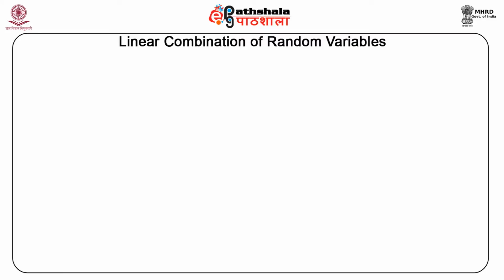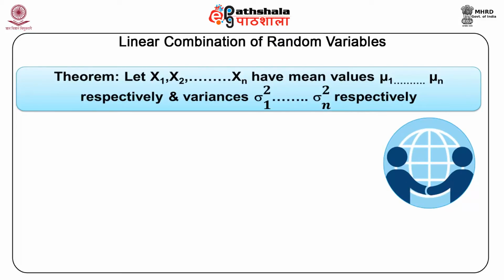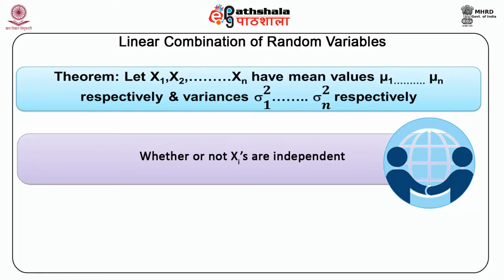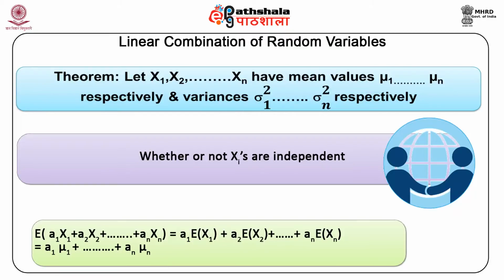Theorem. Let x1, x2 to xn have mean values mu1 to mun respectively and variances sigma 1 squared to sigma n squared respectively. Then first, whether or not the xi's are independent, E of (a1 x1 plus a2 x2 continuing to an xn) is equal to a1 E of x1 plus a2 E of x2 plus continuing to an E of xn, which is equal to a1 mu1 plus continuing to an mu n.